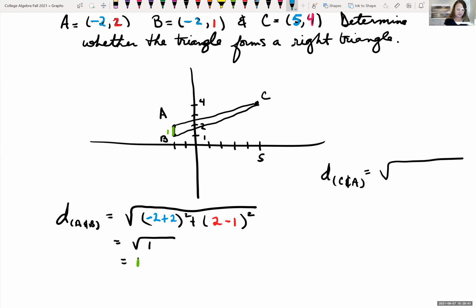So 5 minus a -2, so really 5 plus 2, quantity squared. And the change in our Y, so 4 minus 2, quantity squared. So I have 7 squared, which is 49, plus 4 minus 2 is 2 squared, which is 4. So this is equal to the square root of 53.